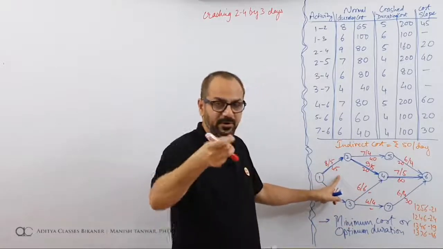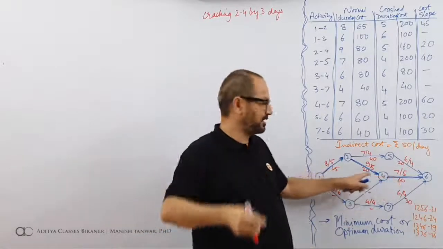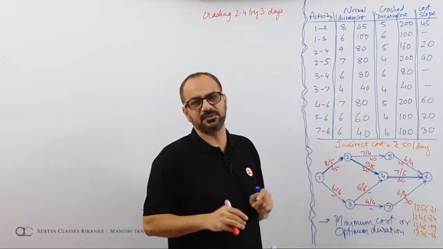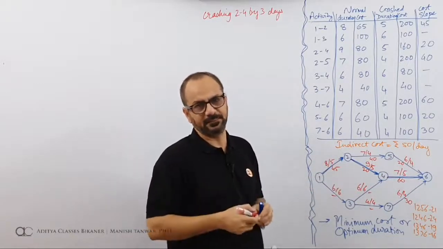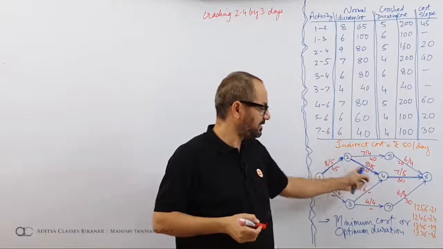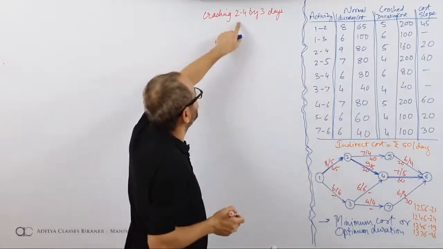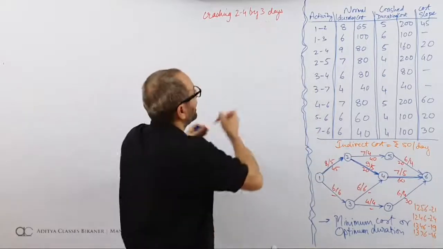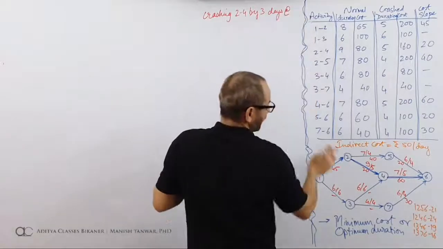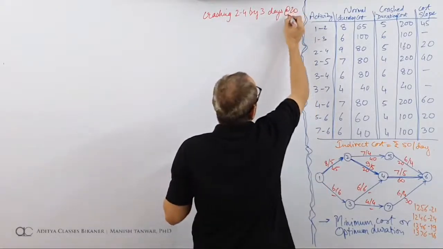Here I'll be making a payment of 45. Here I'll be making a payment of 60. So this looks to be the best proposition. Make only a payment of 20. And where is it? 24. So crashing 24 by 3 days, at what rate? At rate of 20.